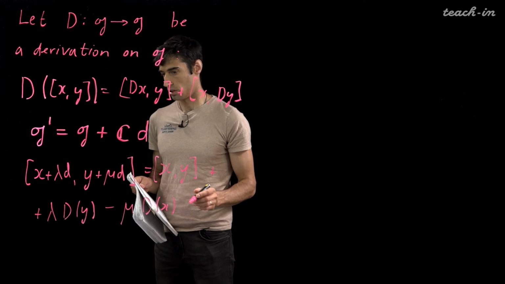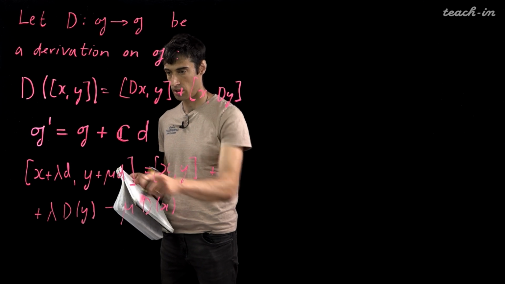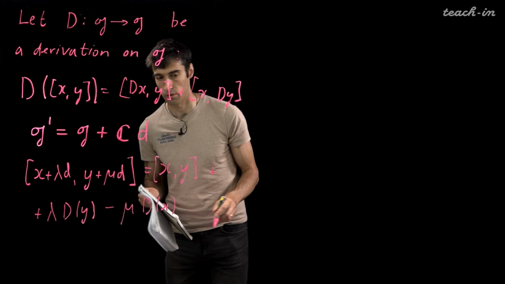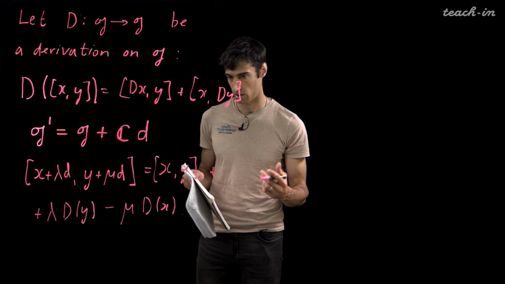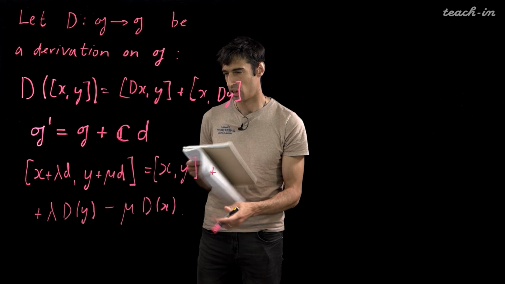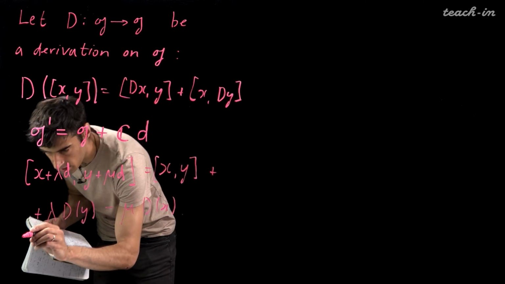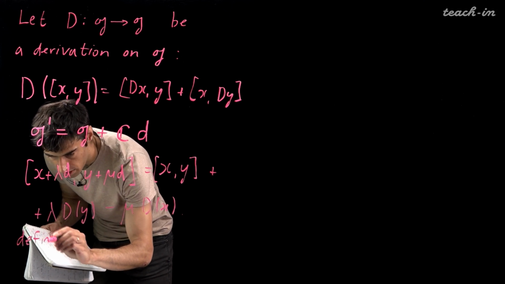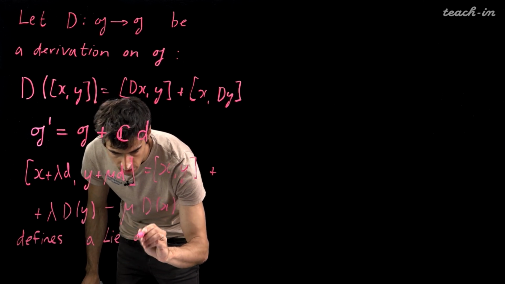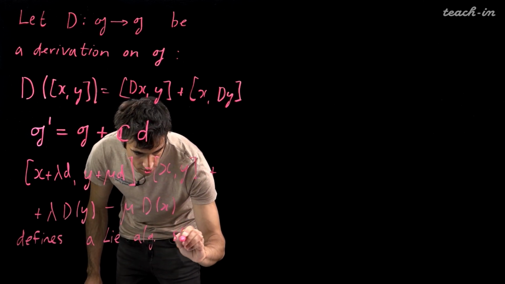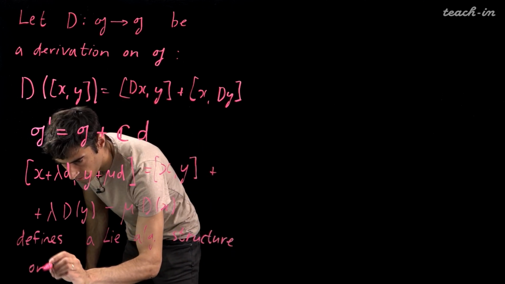Okay, so it's a good exercise to check that if d is a derivation, then such a bracket satisfies the properties of being a Lie bracket. So it is antisymmetric, of course, and satisfies the Jacobi identity. So this defines a Lie algebra structure on G prime.